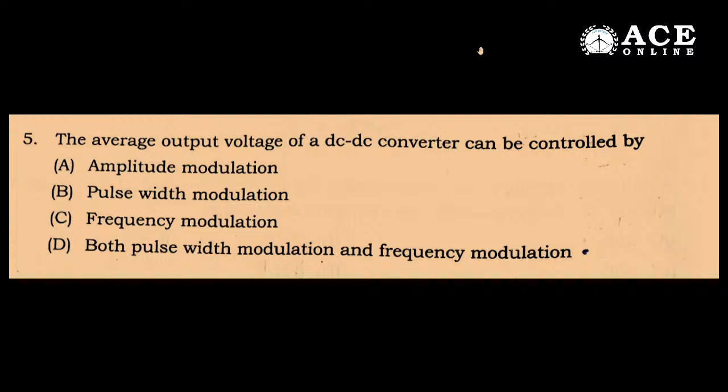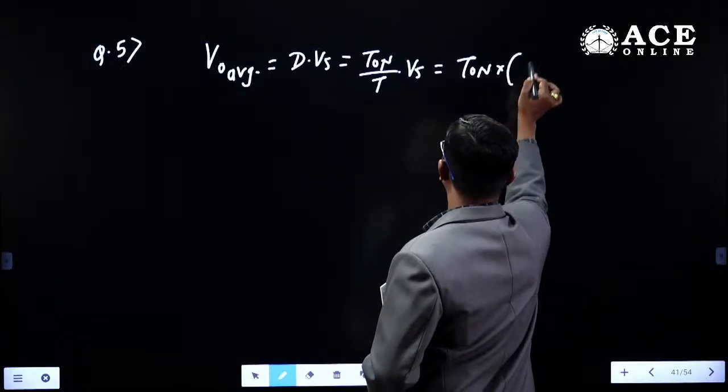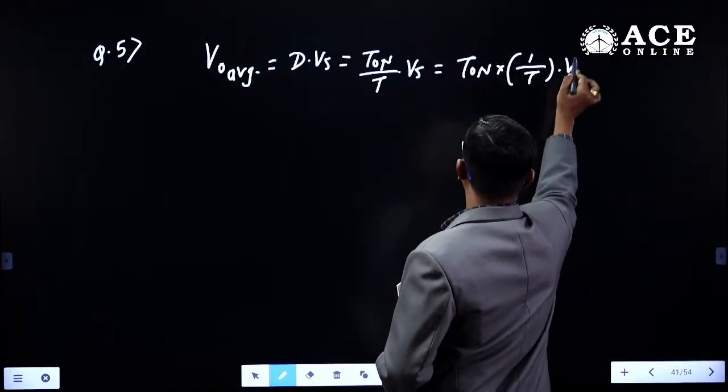Okay, we know in the case of DC to DC converter, the basic topology is step down. So V0 average, we know it is equal to D into Vs, which is equal to T on by T into Vs. This can be written as T on into 1 by T into Vs.